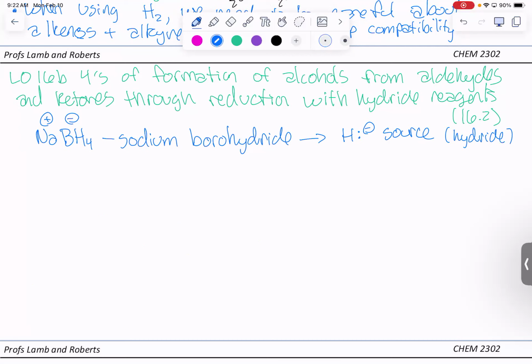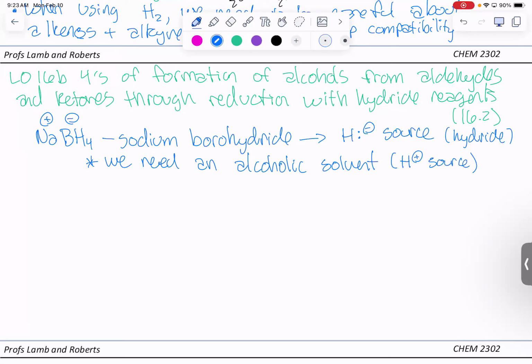All right, so there's a couple of quirks about sodium borohydride. It's actually not a very strong reagent. It's not a very strong nucleophilic source of hydride, or it's not very hydridic, you could say. So in this case, we need an alcoholic solvent, because we need a proton source, H plus source.